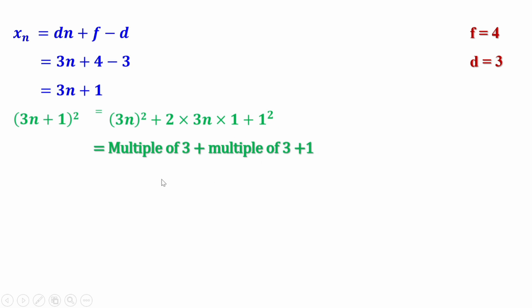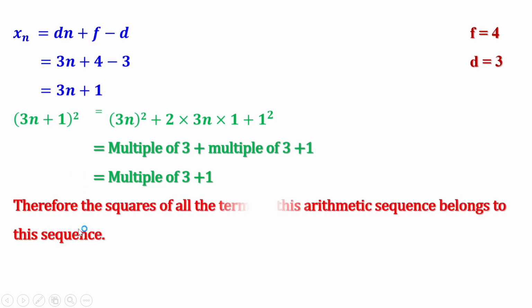When you add two multiples of 3, you will get another multiple of 3. Observe 3 and 6; adding together, you get 9, which is another multiple of 3. So up to this is a multiple of 3, and we can write this as a multiple of 3 plus 1. That means it is also of the form 3n plus 1, a multiple of 3 plus 1. So the square is also in this sequence.